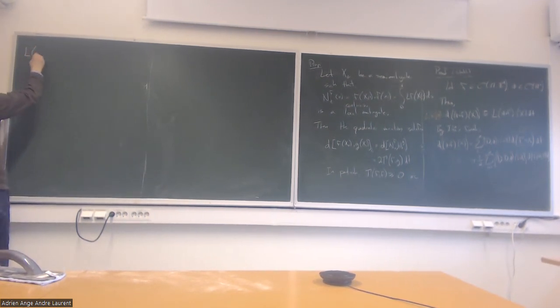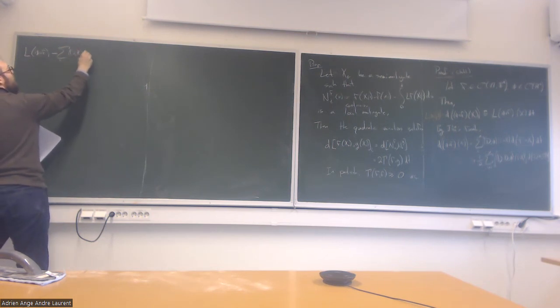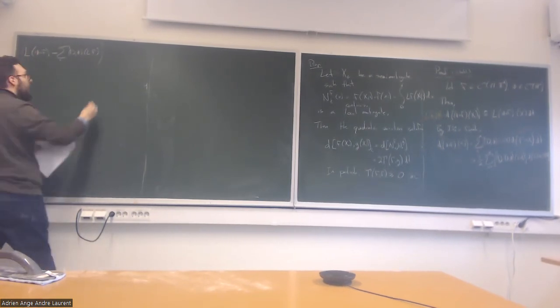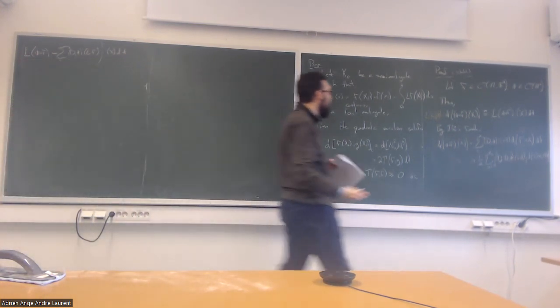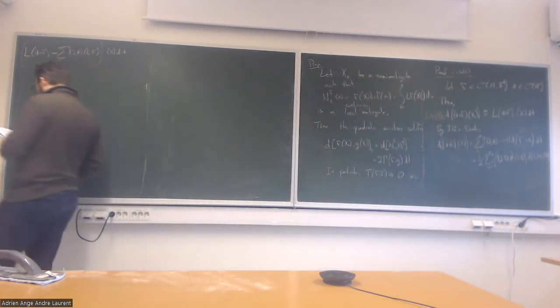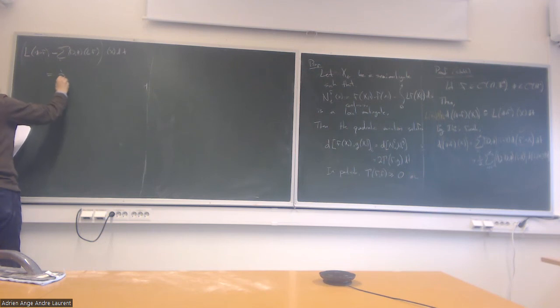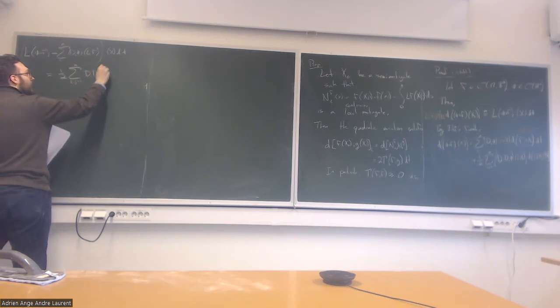We have L of phi of f minus the sum over i of d_i phi of f times L of f^i. We're trying to do these local differentials. This has, of course, to equal what's on the right side, so we're going to have 1/2 of the sum over i, j of d_ij phi.